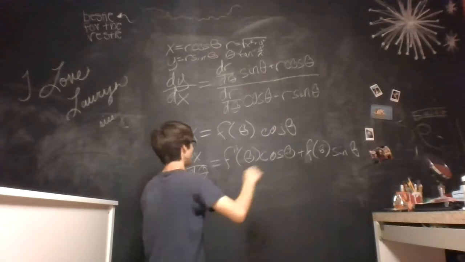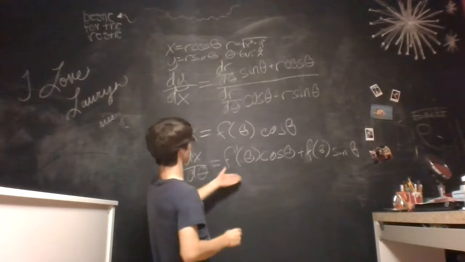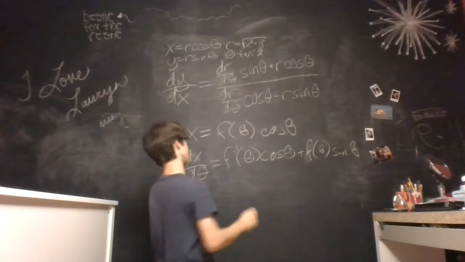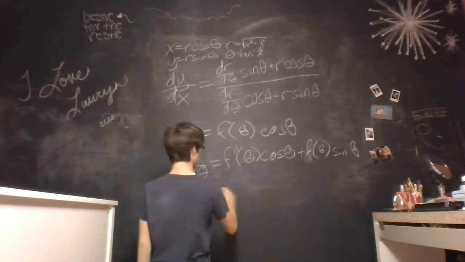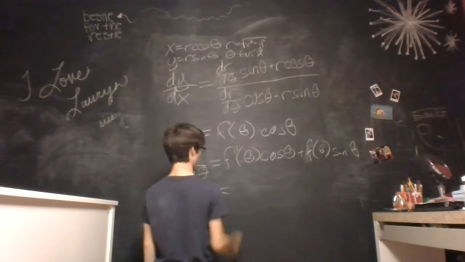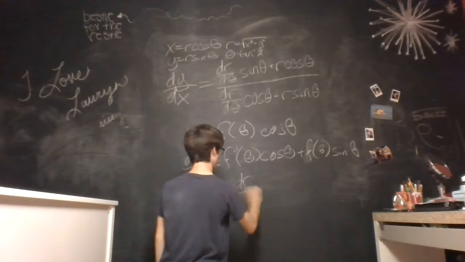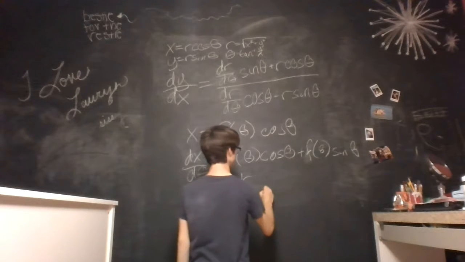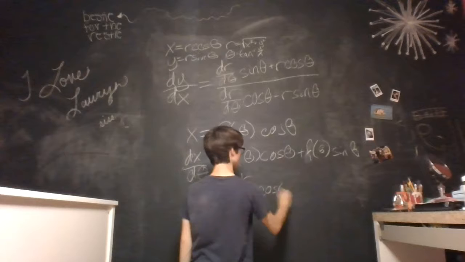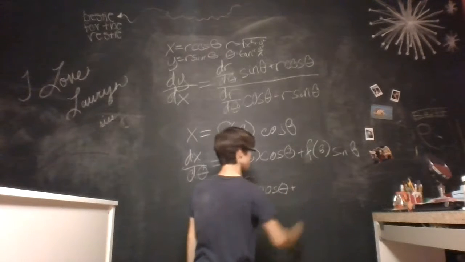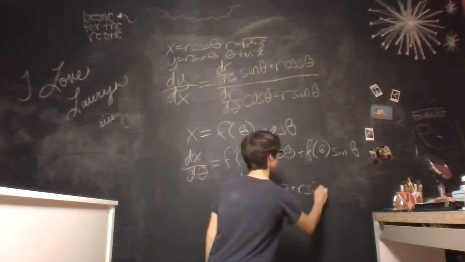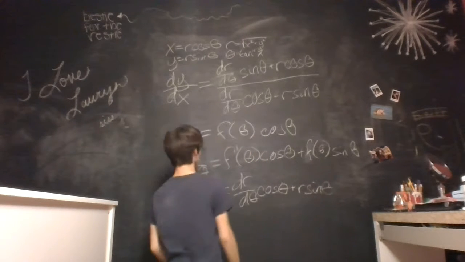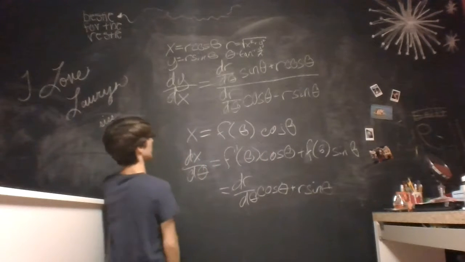Once again, we will be substituting in various forms of r for f of theta. So we get, as the final product, same as the denominator up there, dr over d theta cosine theta plus r sine theta. And that'll be equal to dx over d theta.